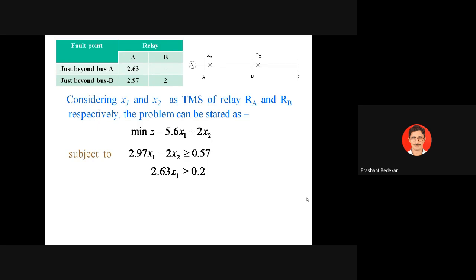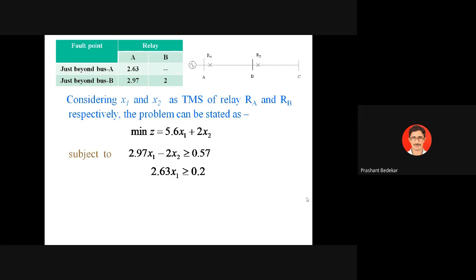What is 2.63 X1? 2.63 X1 is the time of operation of relay RA for a fault in the section A to B. For a fault in the section B to C, what will be the time of operation of relay RA? 2.97 into X1.